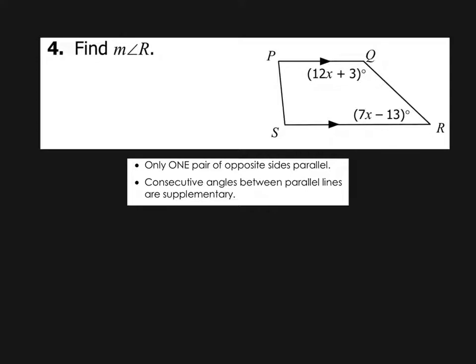So after we get past number 1 and 2, we bump into algebra immediately. And what do we notice? I'm dealing with consecutive interior angles of parallel lines, which makes them supplementary. So 12x plus 3 plus 7x minus 13 equals 180.